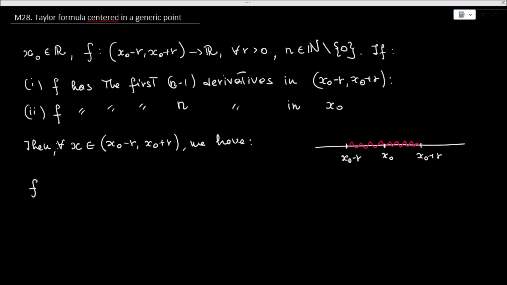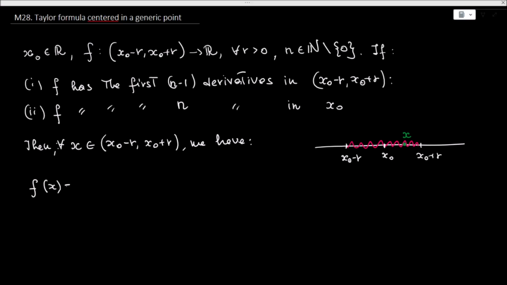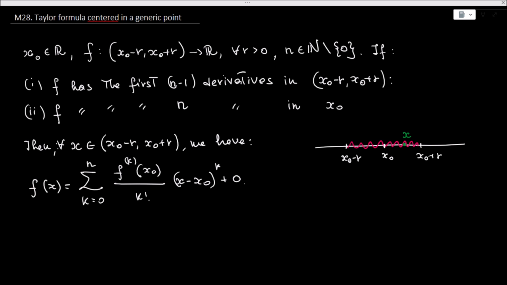So for every possible x that we can pick in this interval, f can be expanded into a polynomial: the sum for k going from 0 to n of the kth derivative of f, evaluated this time at the point x0, divided by k factorial, all multiplied by x minus x0 raised to the k, plus little o of what?